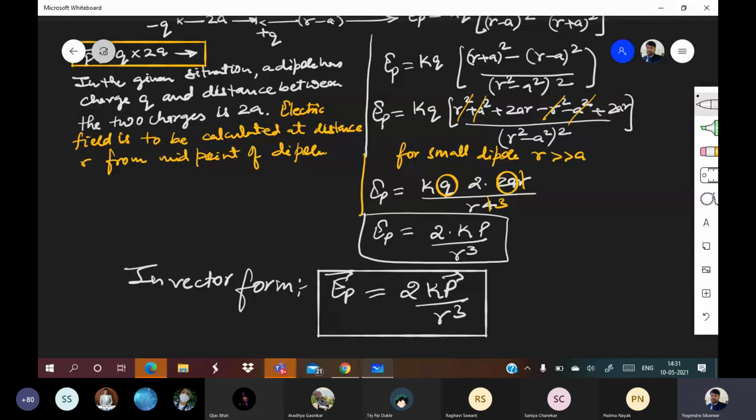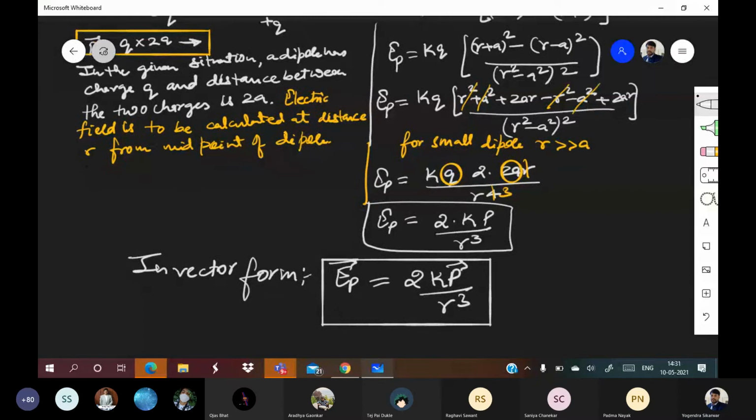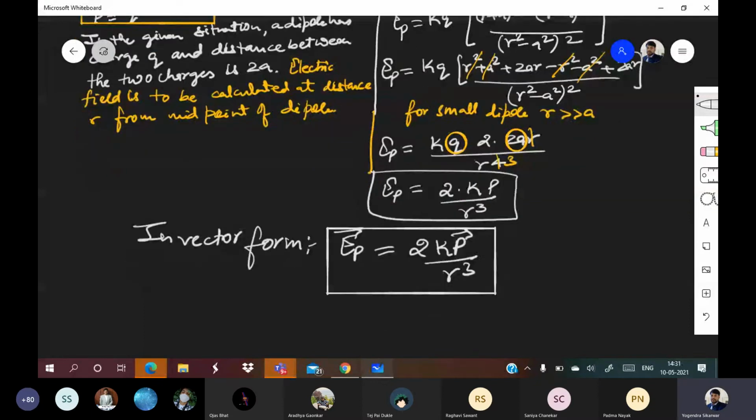Okay. Now star point, direction of electric field on axis of dipole.